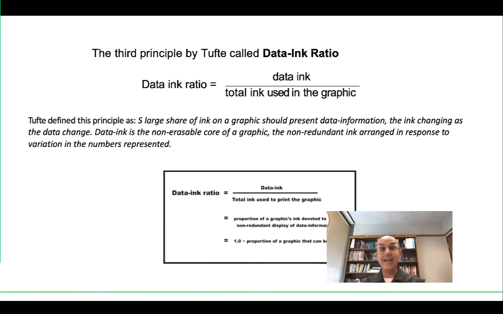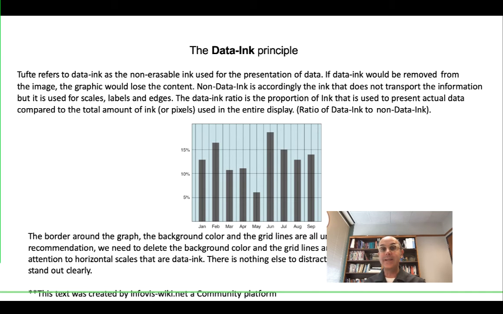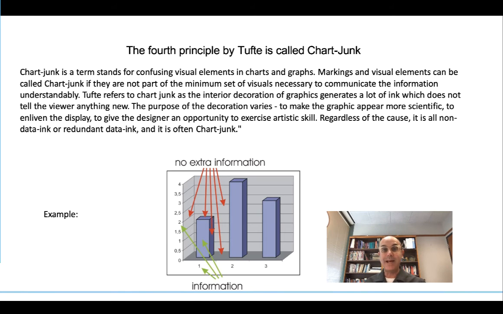So the idea here is that Tufte uses the ratio between the data and the ink. I think it is a good visual for understanding what it consists of. And again, we talked about that throughout the semester.